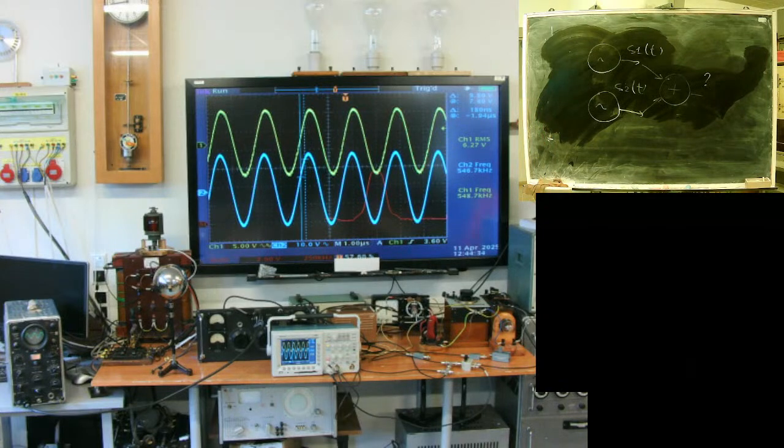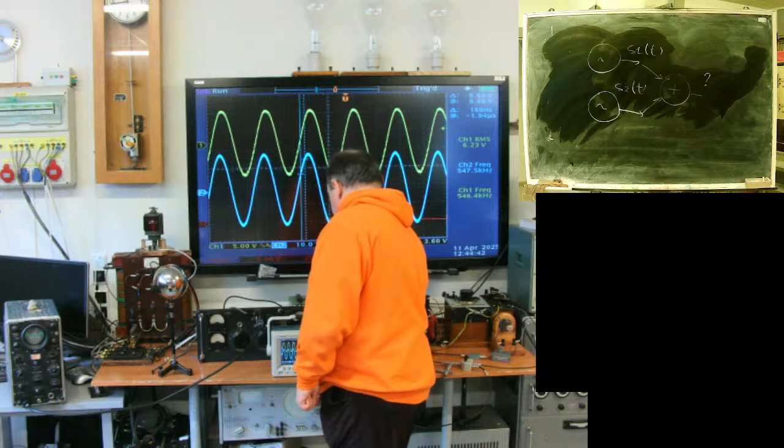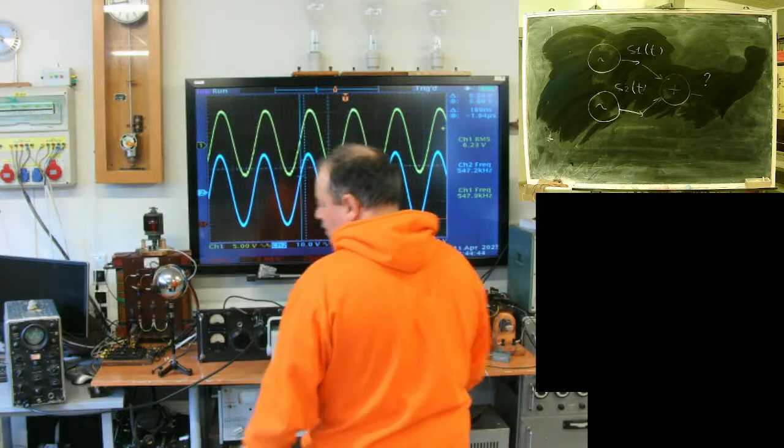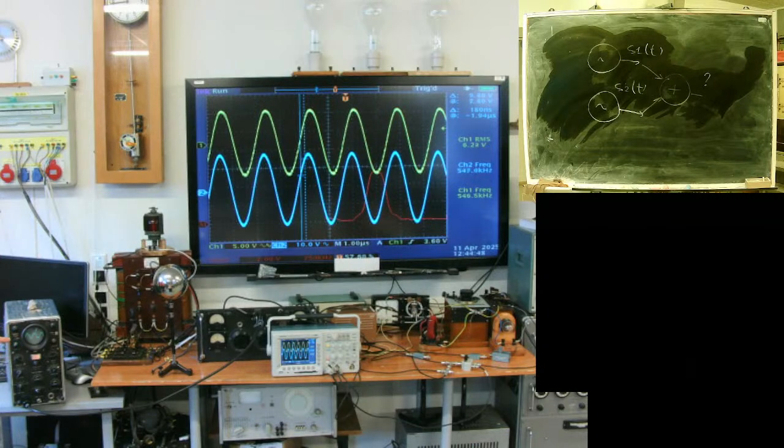What will happen if I use both together? Here, this scope is repeating the blue one.